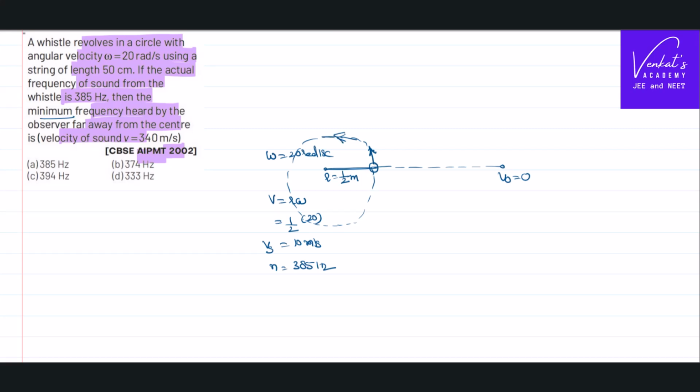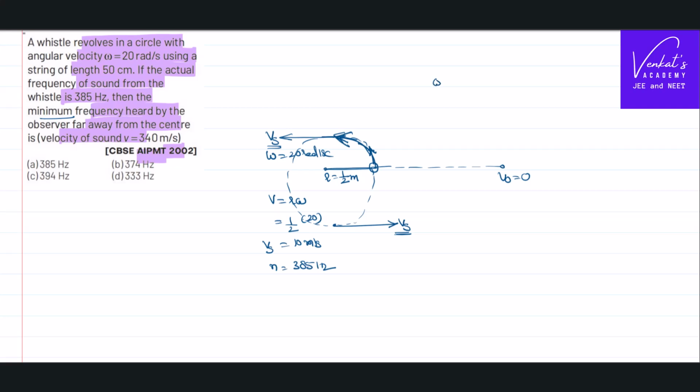So if it is moving like this, at this point the velocity of the source will be like this. At this point the velocity of the source will be like this. So if it is moving in anti-clockwise direction, when it is at the bottom it will be approaching at the best, and when it is at the top it is going far away from the observer, right?